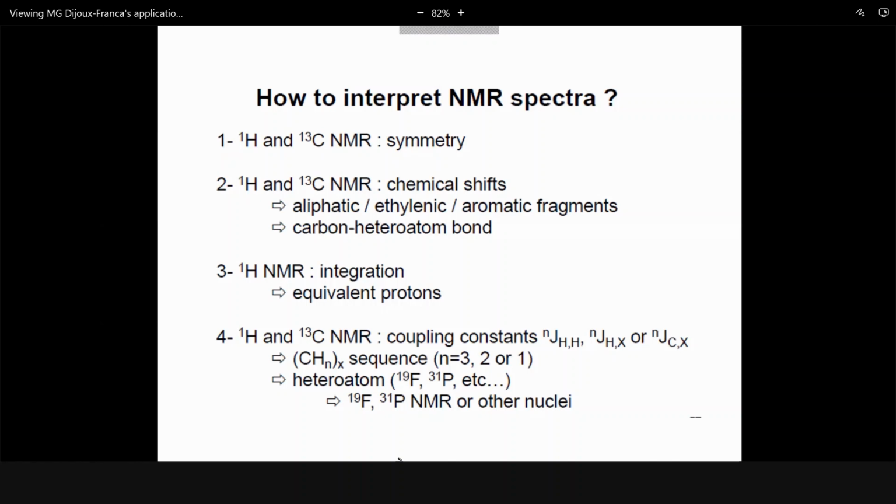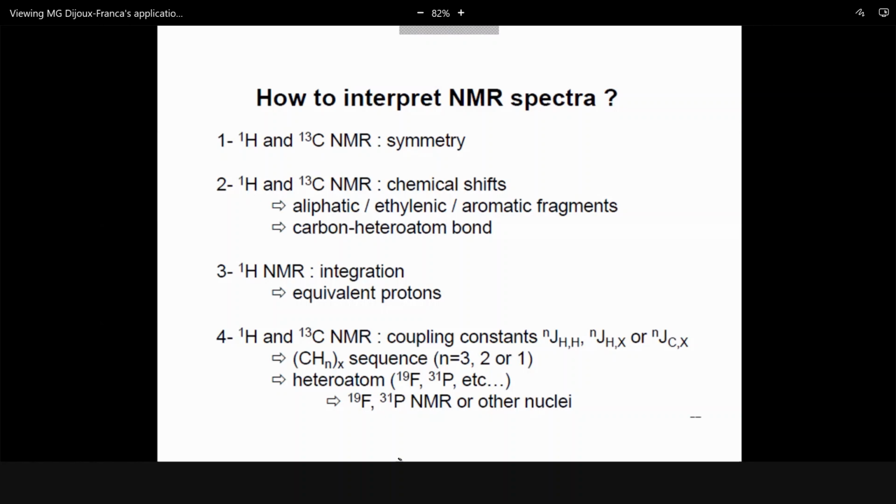Does it contain a double bond? Does it contain a carboxyl group and so on? So the value of the chemical shift will indicate what kind of molecule it is and what kind of chemical groups there are in the structure.